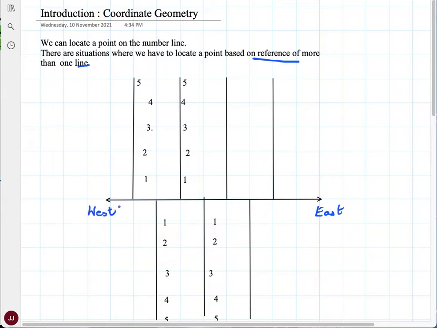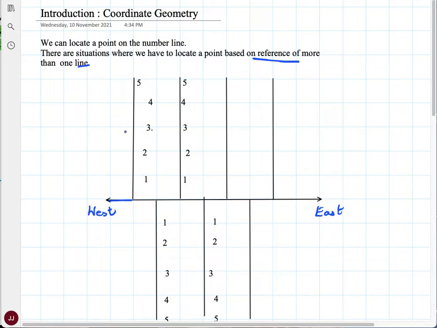Okay, so this is the main road running in both directions. And we have streets numbered from west to east. Okay, so let's have the street numbers.